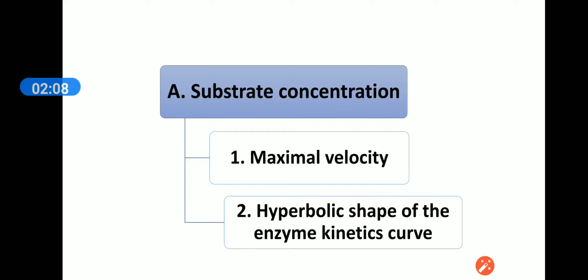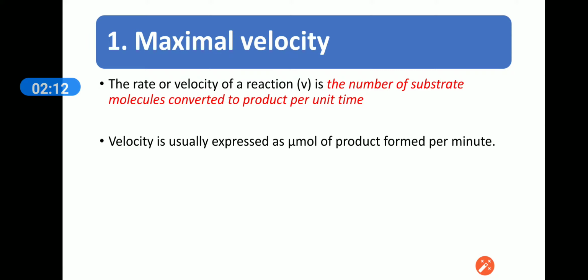In this portion, we will just check the maximal velocity. The velocity of a reaction is the number of substrate molecules converted to products per unit time. Velocity is usually expressed as micromoles of product formed per minute.